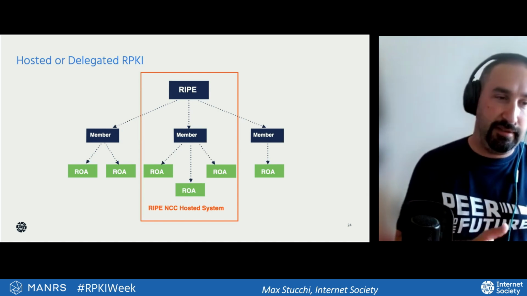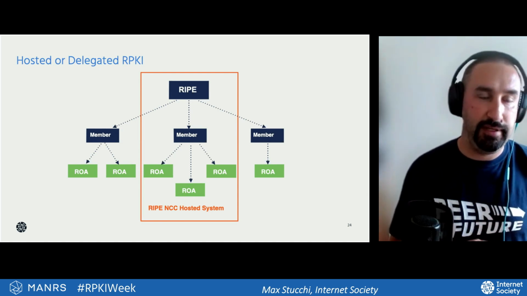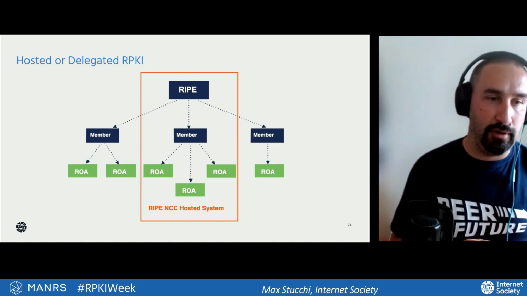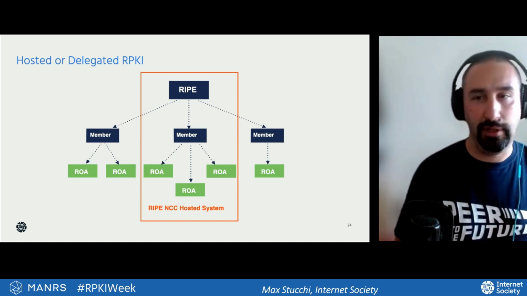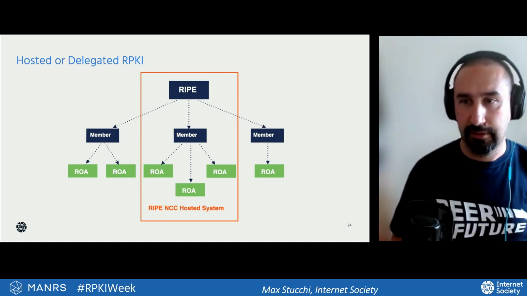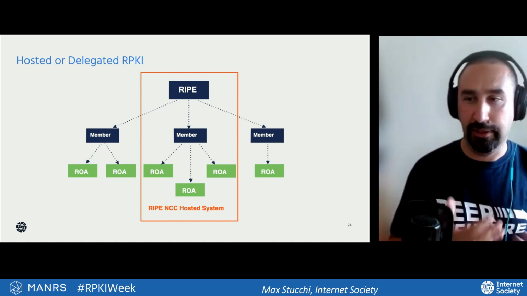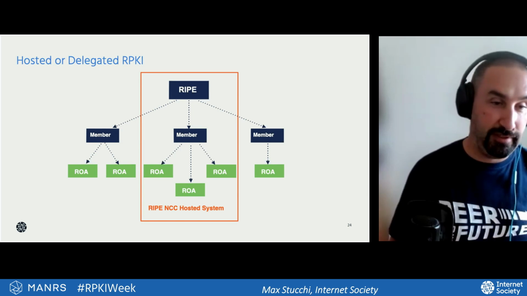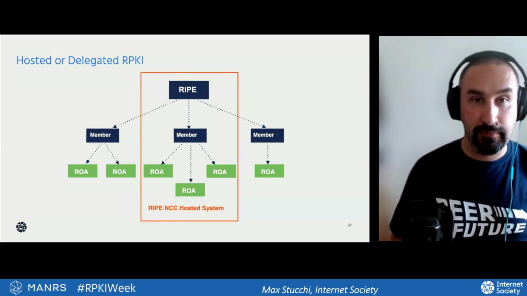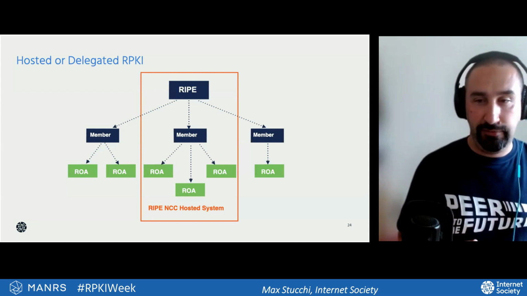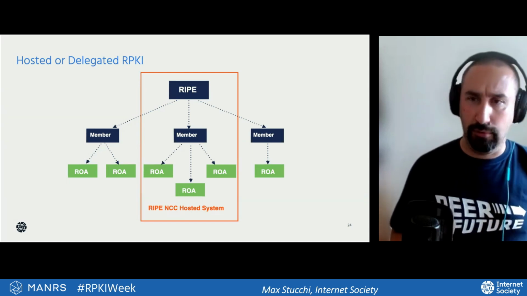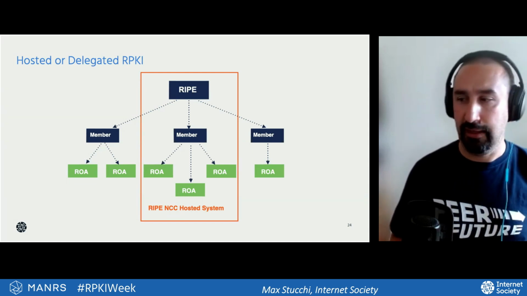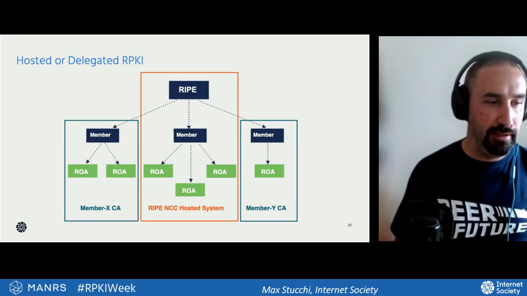But this is easy when you have a very small number of networks in just one regional registry, like my case. I have my own ASN, but I have 3 networks: 2 IPv6 and 1 IPv4. So in my case, which is very, very simple, hosted works perfectly, because then I don't have to deal with anything.